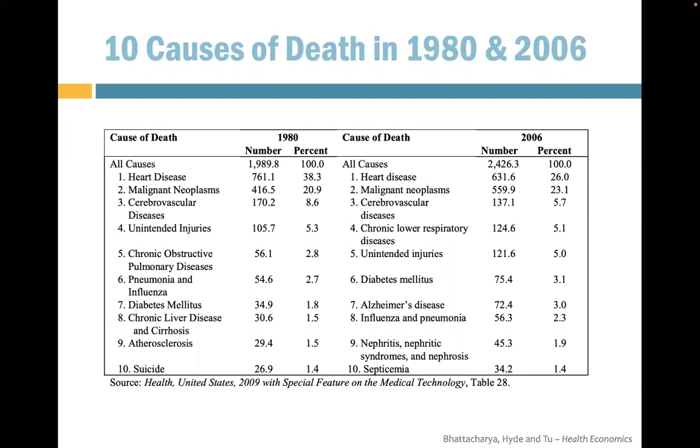Some chronic diseases, chronic obstructive disease and chronic liver disease, are number 5 and 8. We don't see them anymore. That's good. Pneumonia and influenza was number 6 in 1980. We don't see them in 2006, although we see chronic lower respiratory disease at number 4 in 2006. What else?